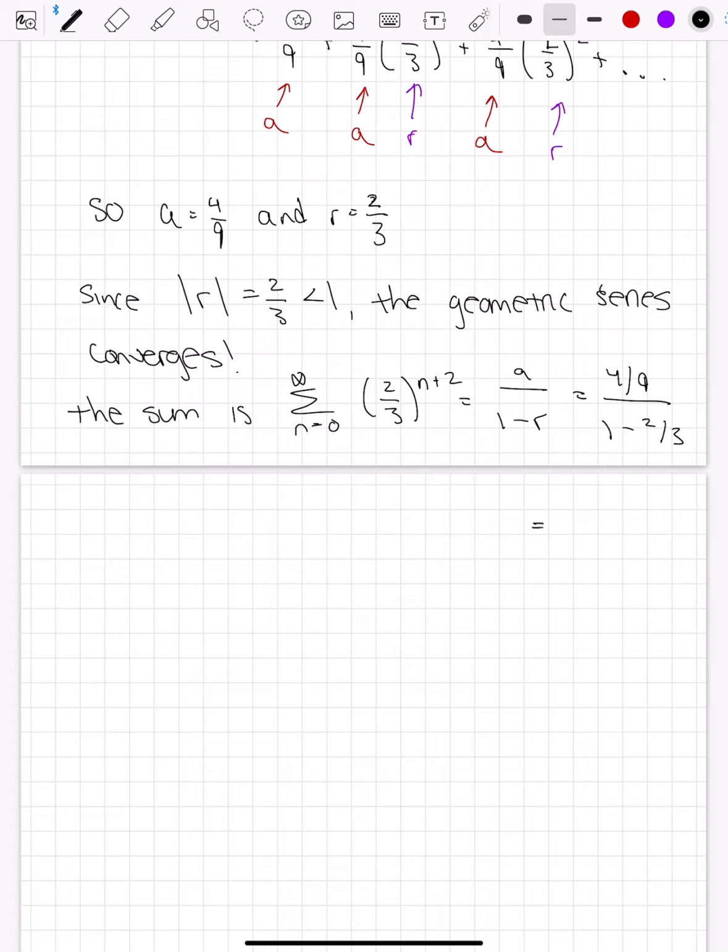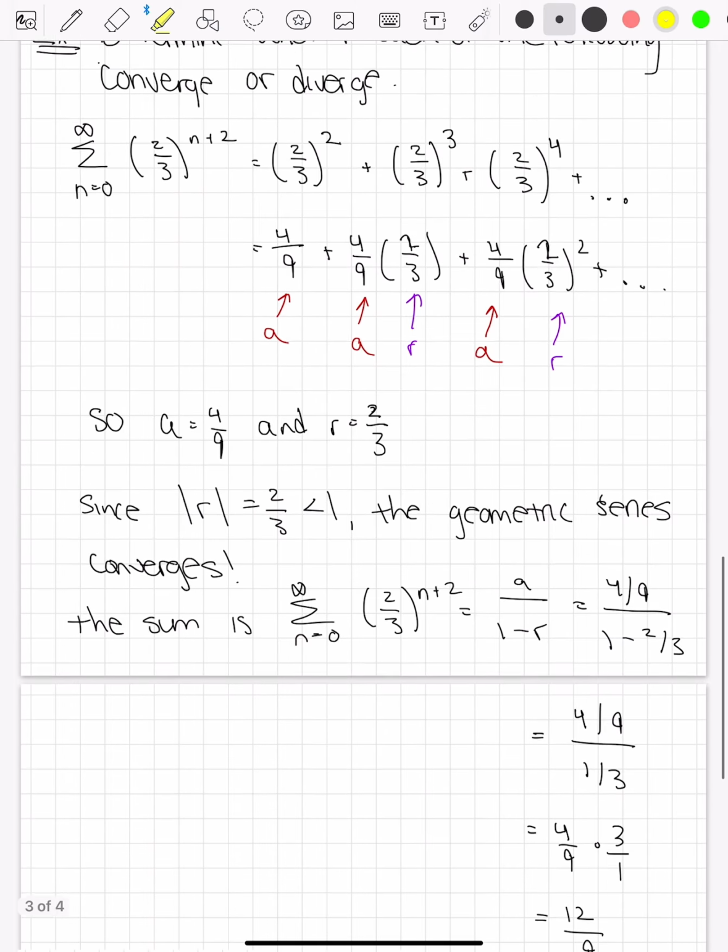So that's going to be 4/9 all over 1/3. So that's 4/9 times 3 over 1. We never divide by fractions, we multiply by the reciprocal, so now we multiply across. 4 times 3 is 12 over 9, and we can divide both of those by 3, so that simplifies to 4/3.